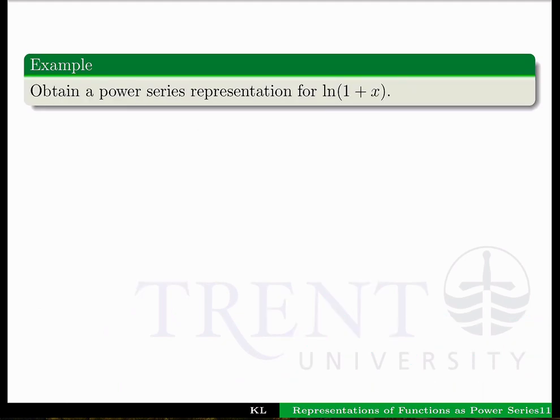For our next example, obtain a power series representation for ln of 1 plus x. Now, ln of 1 plus x, you can rewrite this as the integral of dx over 1 plus x. You can further rewrite this as 1 over 1 minus negative x.